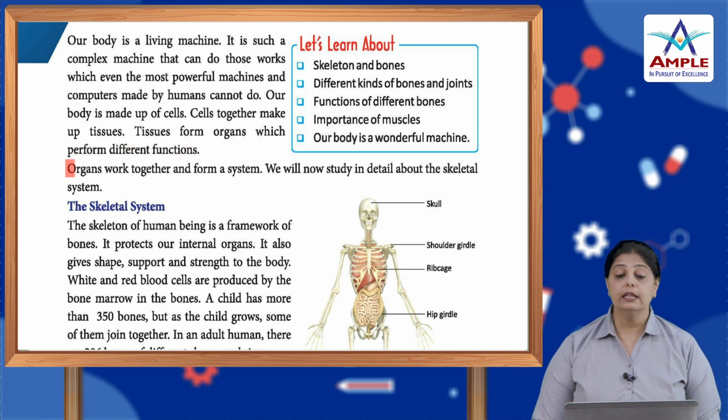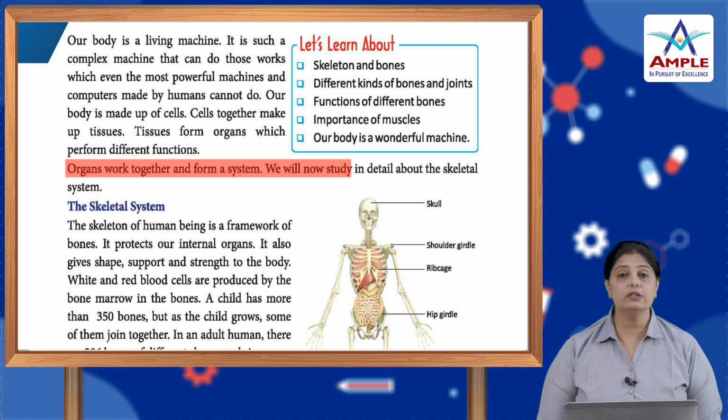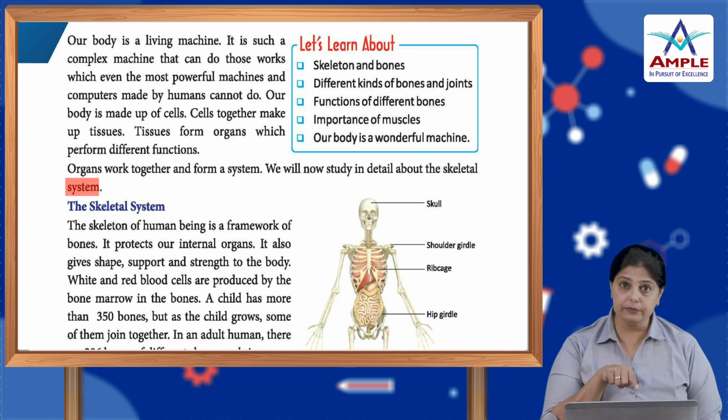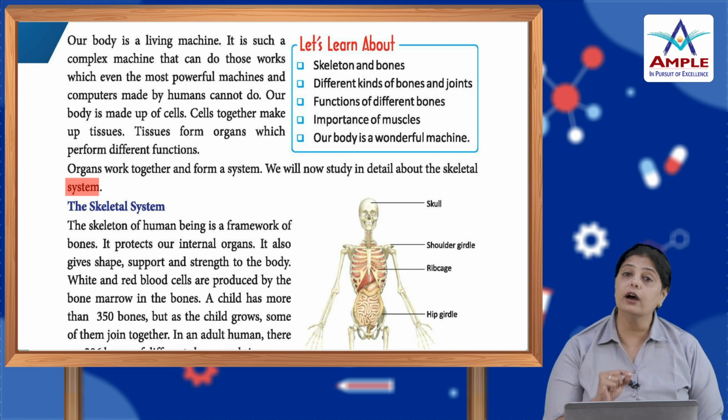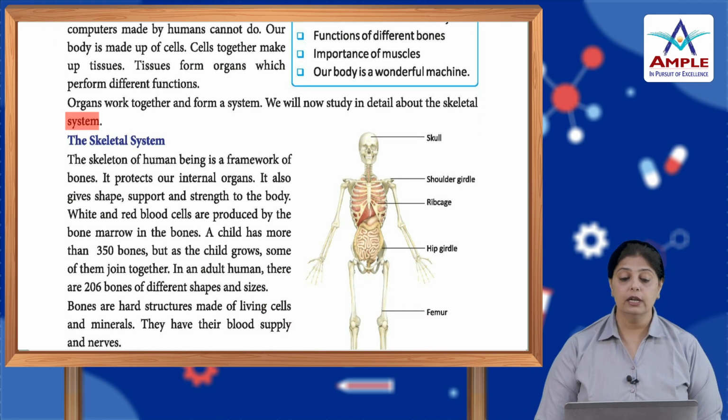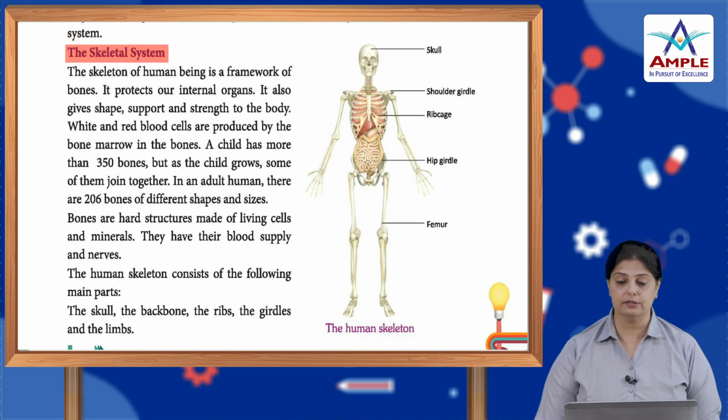These organs work together and form a system. We will now study in detail about the skeletal system. Our entire body is dependent on some organ or the other at any given time. So let's talk about the skeletal system.